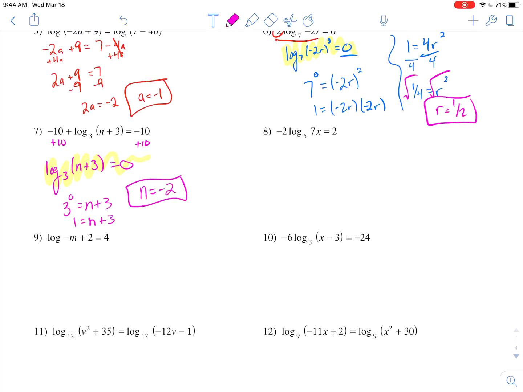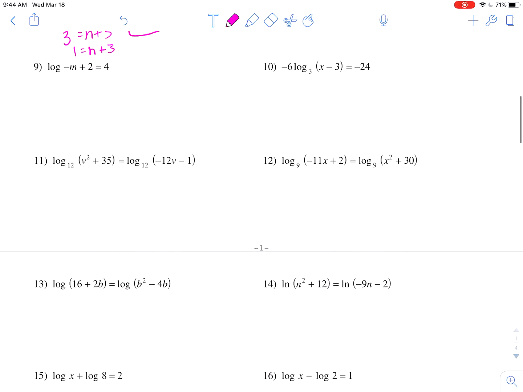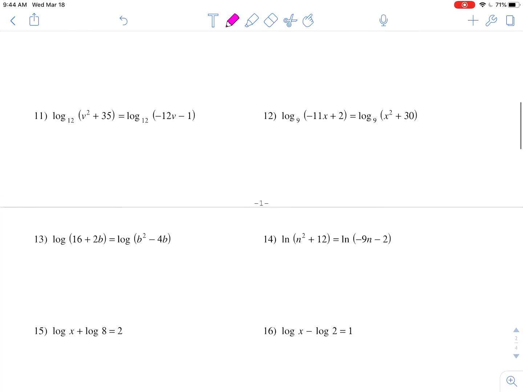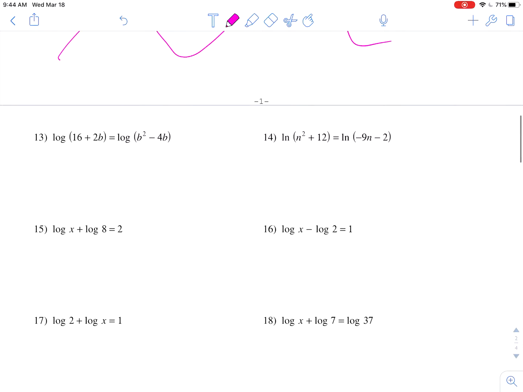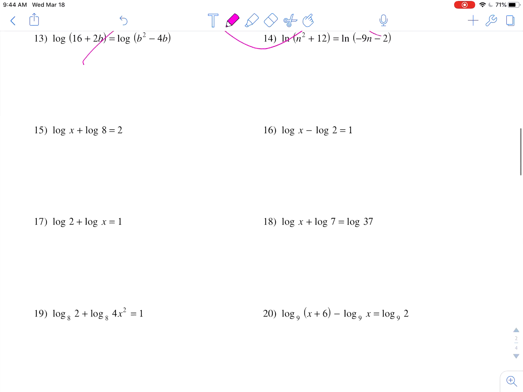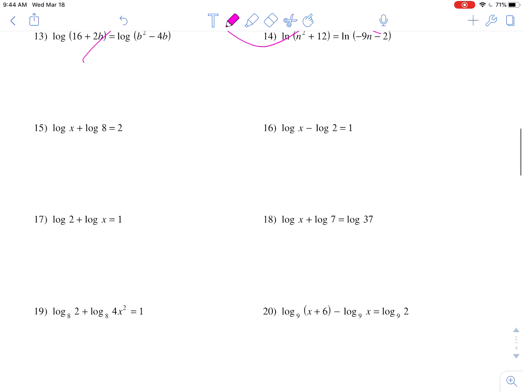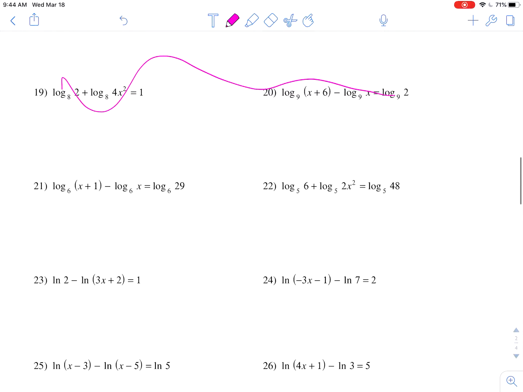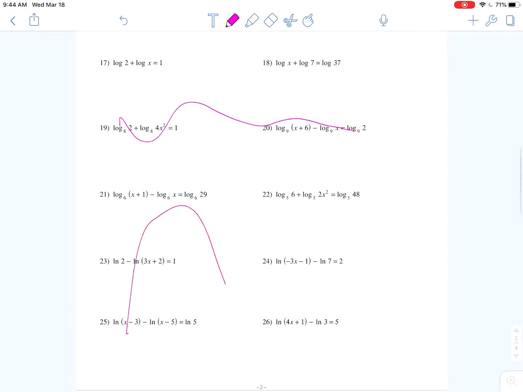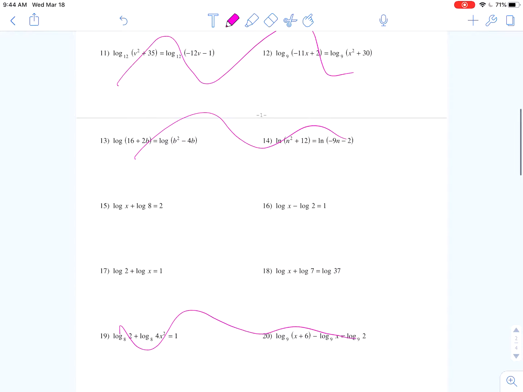You'll get the same answer. But let's look down at 11 and 12. That's where our problem type changes a little bit. You guys don't need to do 11 and 12. Don't need to do 13 and 14. But I want you to do 15 through 18.